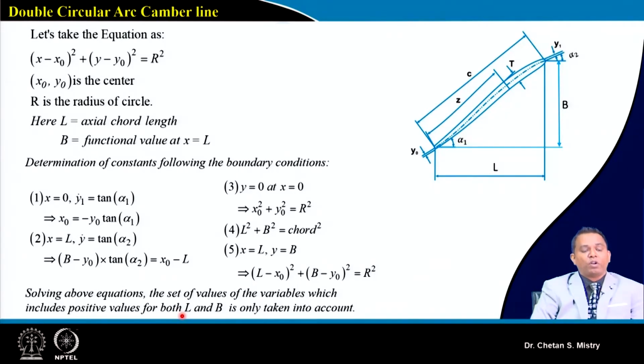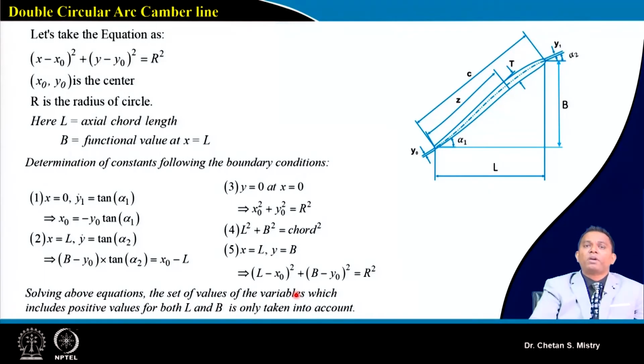Based on that, if we put in our boundary conditions, the same boundary conditions we have discussed as condition 1, condition 2 and condition 3, and we apply the Pythagoras law, we will be able to achieve the coordinates for my camber line. So this is for the double circular arc camber line.